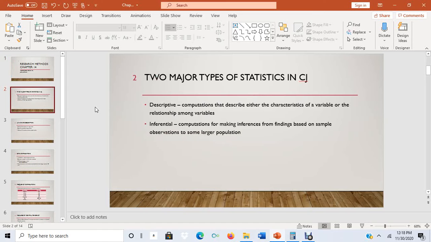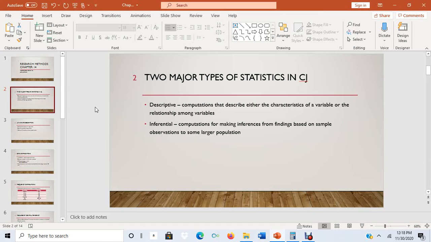Anyway, there's two basic types of statistics in criminology and criminal justice research: descriptive statistics and inferential statistics. Descriptive statistics are used to summarize and otherwise describe data in manageable forms.